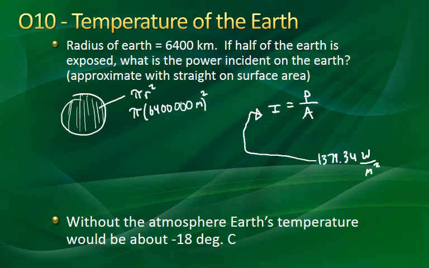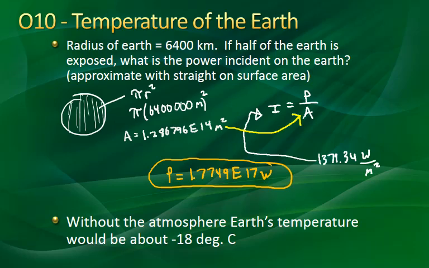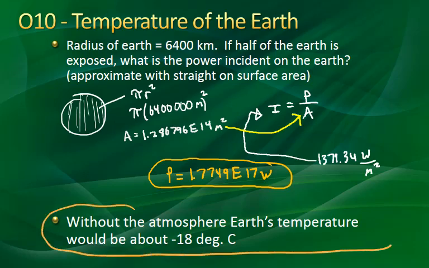So pi r squared, we're dealing with this area here, and if we were dealing with the whole thing, this much power is essentially how much is hitting the Earth. Now, what's interesting is that without the atmosphere, the Earth's temperature would be about negative 18 degrees Celsius, which is far too cold. So we have the greenhouse gases that are needed to keep the Earth's temperature where it needs to be.